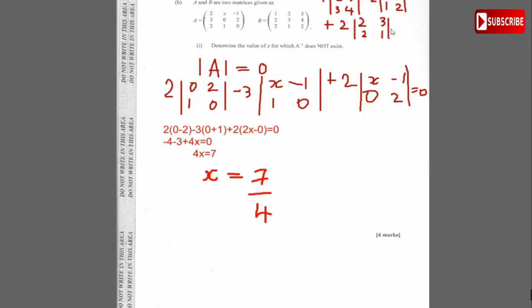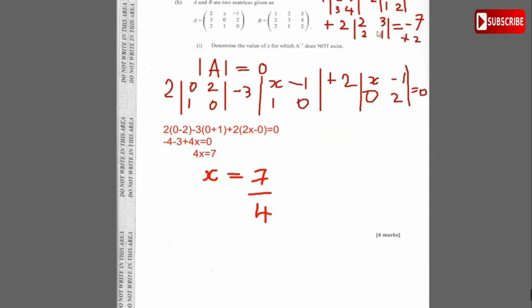So we can work this out now. We're going to get 2 times 4 is 8. 8 minus 15 is minus 7. So this part works out to be minus 7. Then this part works out to be 4 minus 5, which is negative 1. And negative 1 times minus 2 is plus 2.